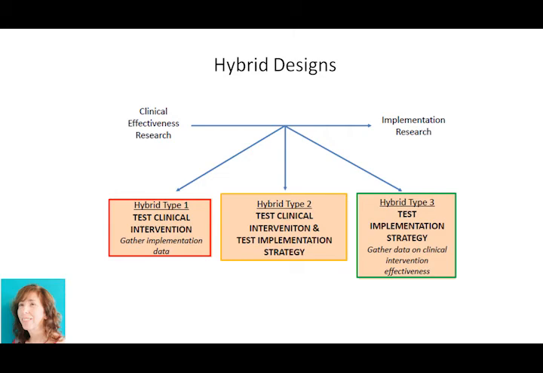For example, there may be data to support the effectiveness of an intervention in hospital settings, but not in primary care settings. That would be an example. So we have a lot of information, but we still need to know more about effectiveness in this new context.